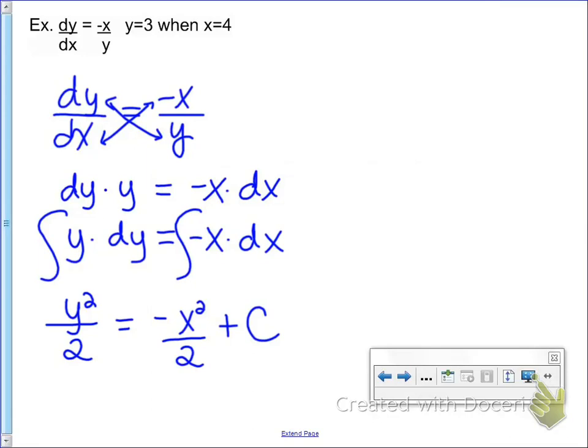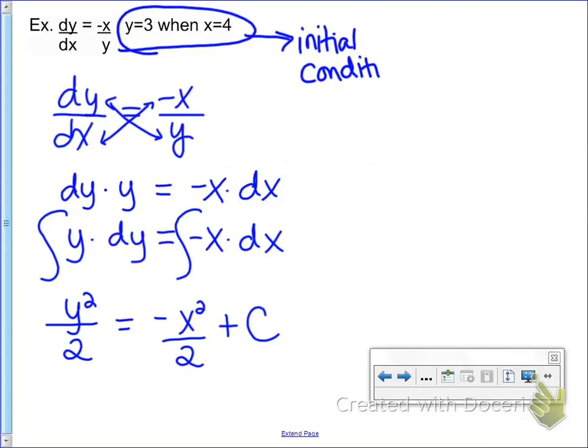I need to find C. Here's how we're going to get C in this problem. We're going to use what they call the initial condition. The initial condition is written typically one of two ways.